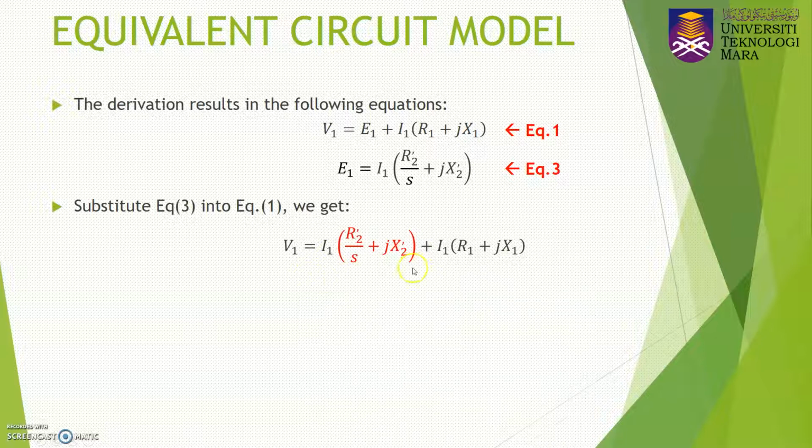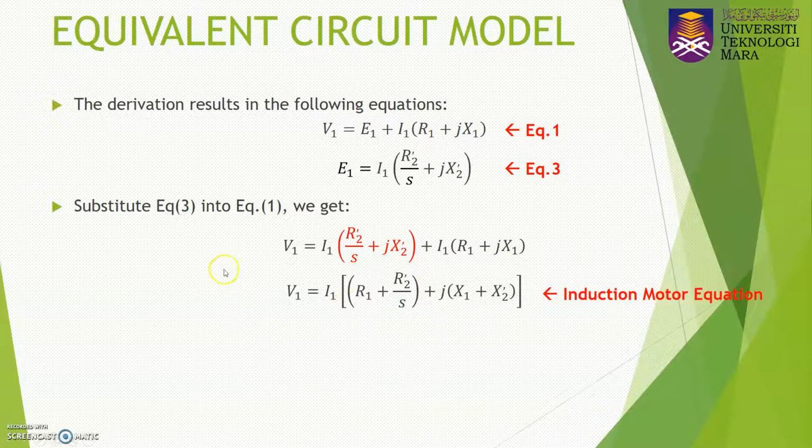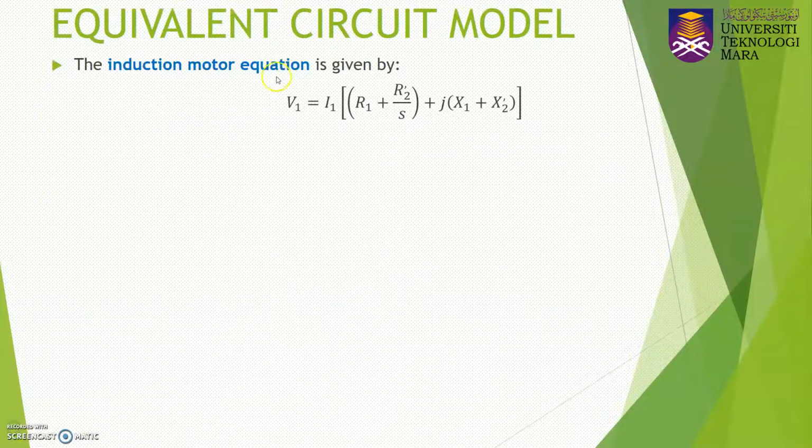Then we can rearrange the equation so that V1 is equal to I1 times the quantity R2 prime divided by S plus R1, plus the imaginary part JX2 prime plus JX1. Basically this is what we call the induction motor equation, just like in the previous slide.